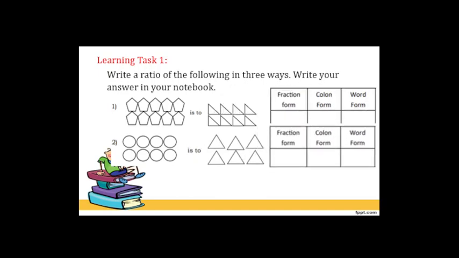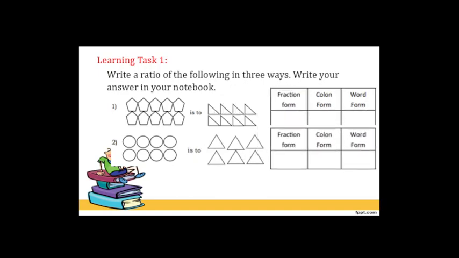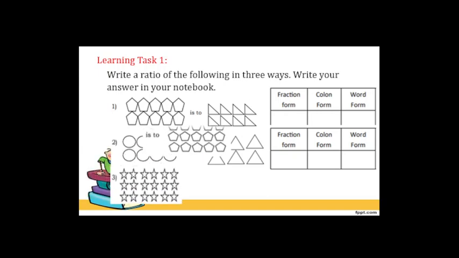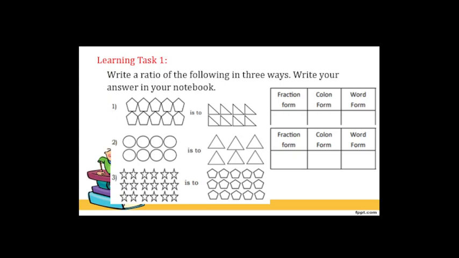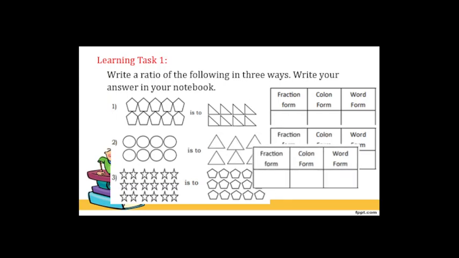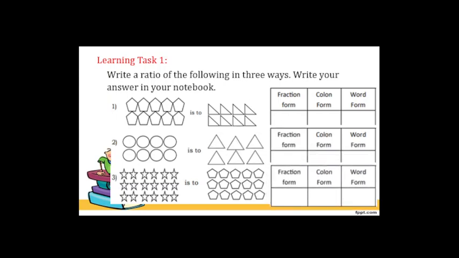Again, you have to write in fraction form, colon form, and word form. And the last one is, of course, the stars compared to this object with 5 sides, a pentagon. So in fraction form, colon form, and word form.